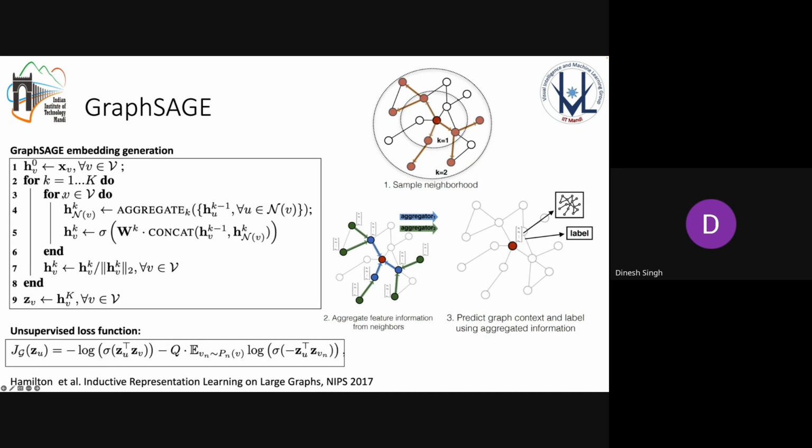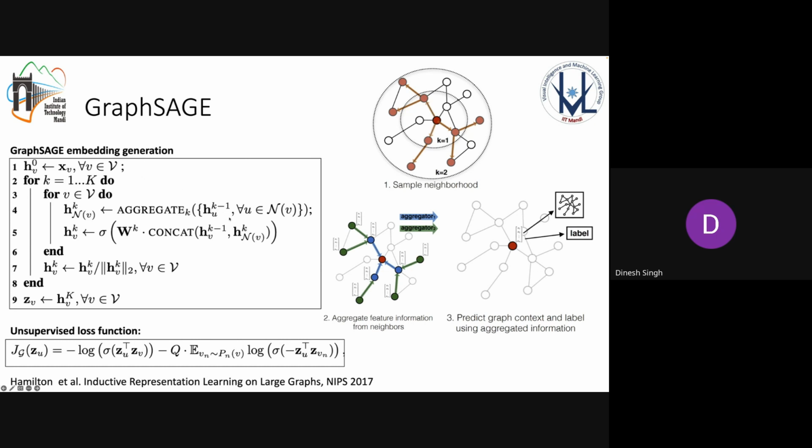Now in the inner loop, for each v in V, for all nodes we need to learn the embeddings, so for every node we repeat this loop. Here h_k of N(v), the curly N(v), represents our neighbors. This is the embedding or feature vector jointly learned from the neighbors of the node v.